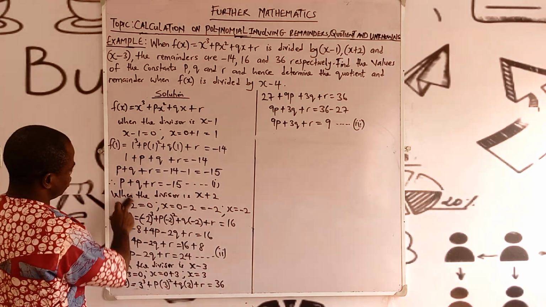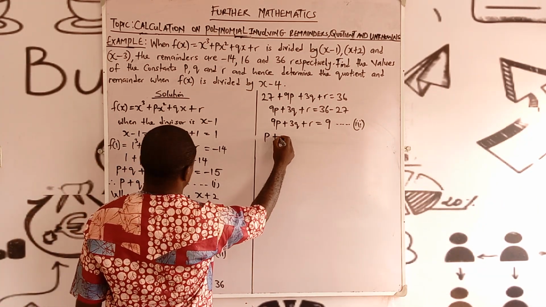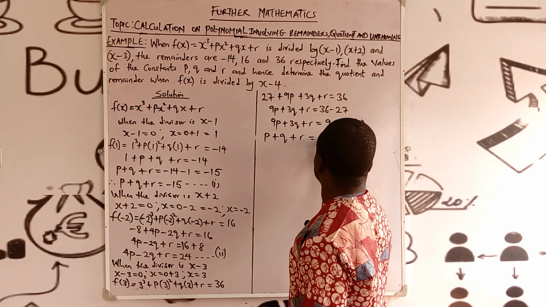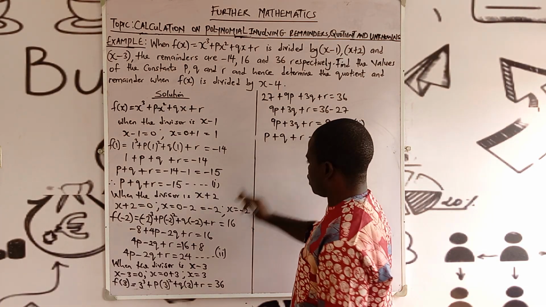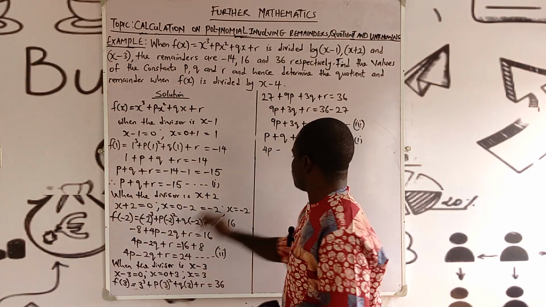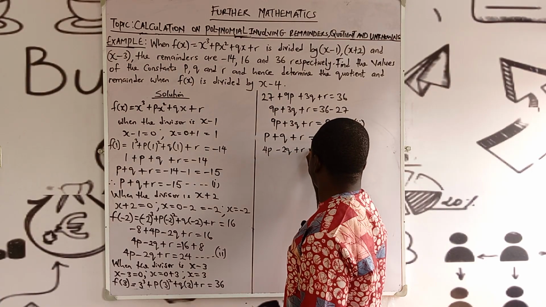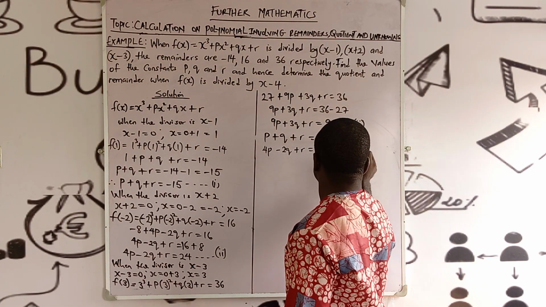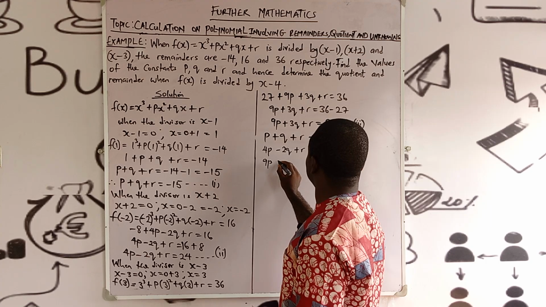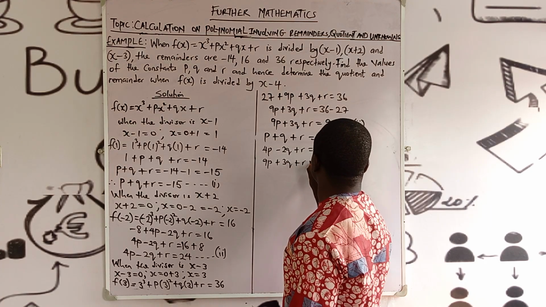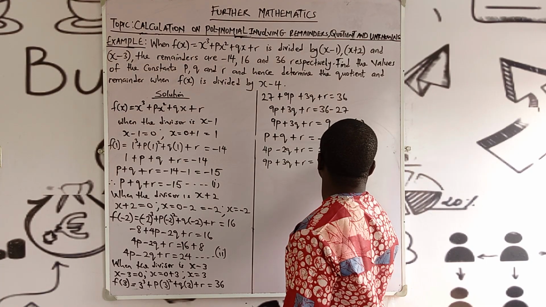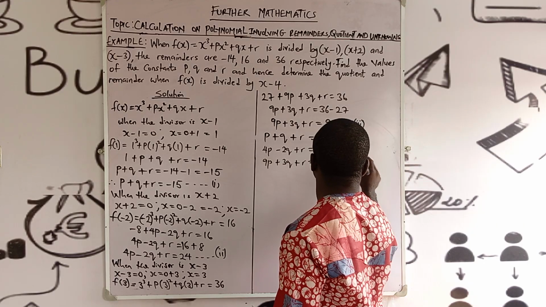Equation 1 is p plus q plus r equals minus 15. Equation 2 is 4p minus 2q plus r equals 24. Last one, equation 3 is 9p plus 3q plus r equals 9.